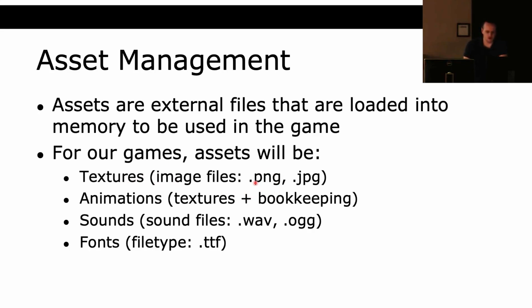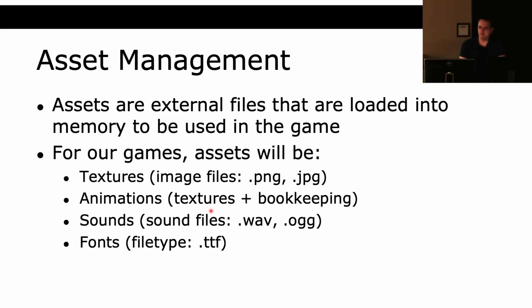We're going to be using mostly PNGs because they support transparency. You can have an image of Mario or Mega Man or Link, and around Link will be all transparent so that you don't have a big white box walking around your game, right? That's why we're going to be using PNGs. But SFML supports the loading of any major asset type, so you could use JPEGs if you want.